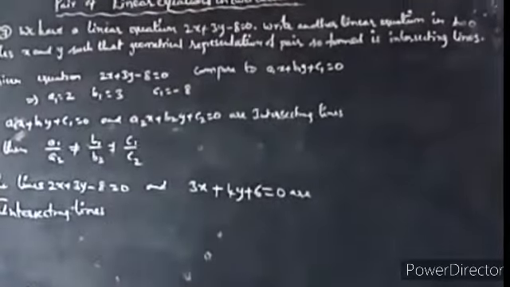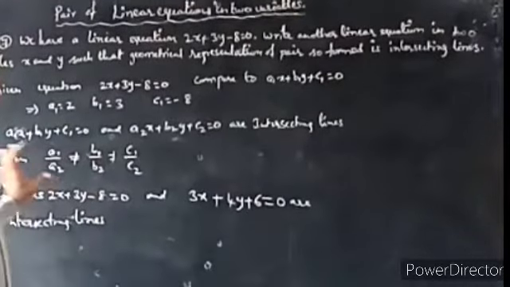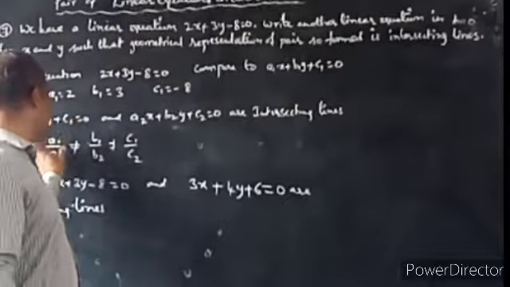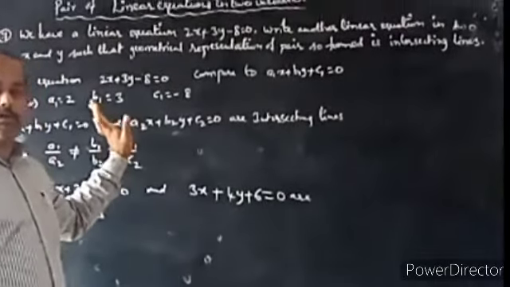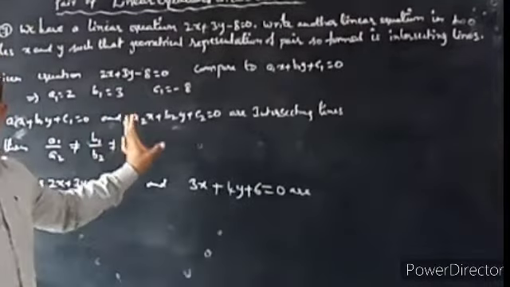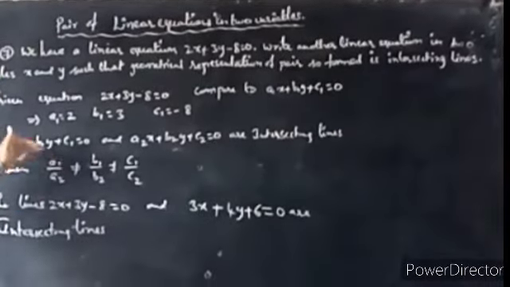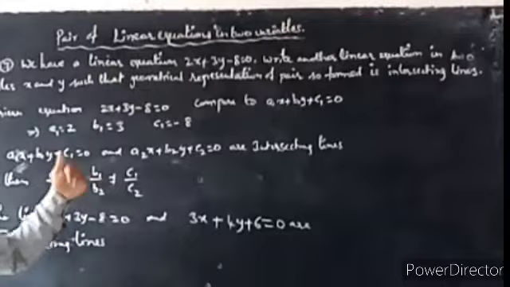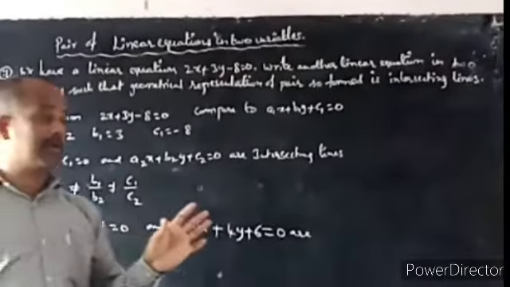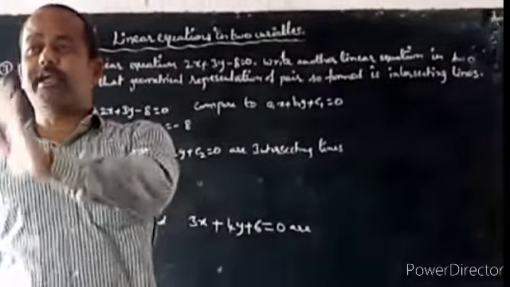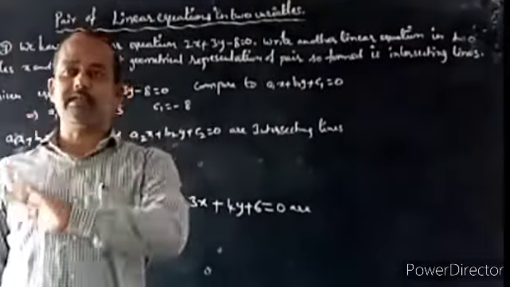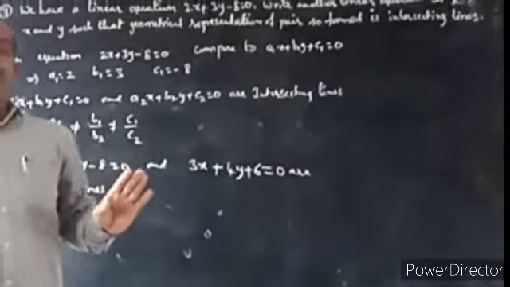To write parallel lines, just two ratios, a1 by a2 equals b1 by b2, but not equal to c1 by c2. Here multiply the x and y coefficients with the same number. If you multiply the x coefficient with one number and the y coefficient with another, we get it wrongly.